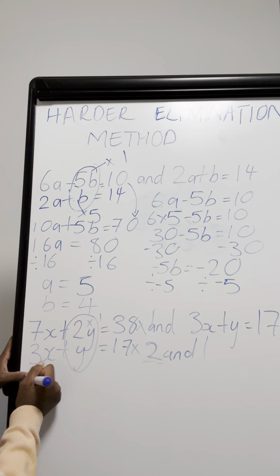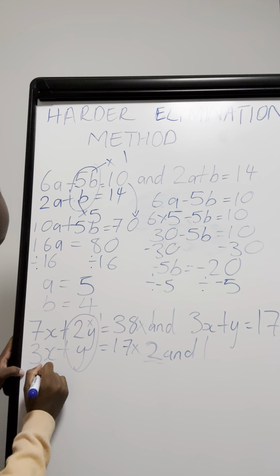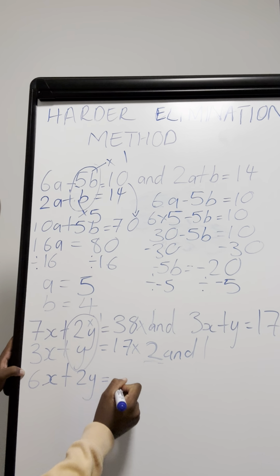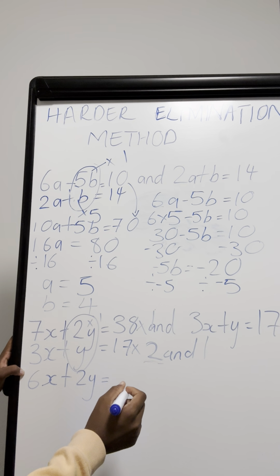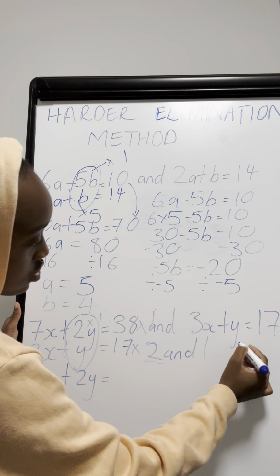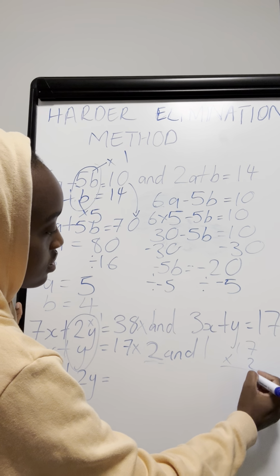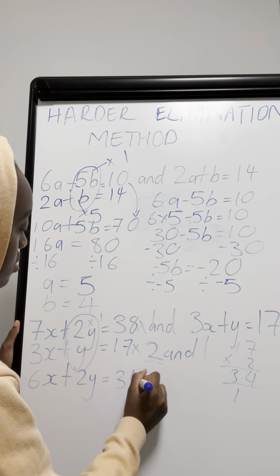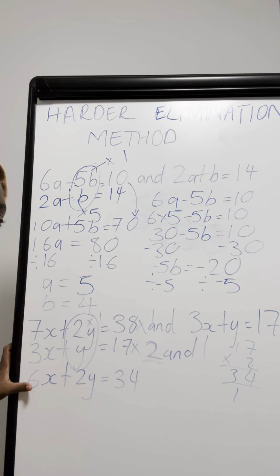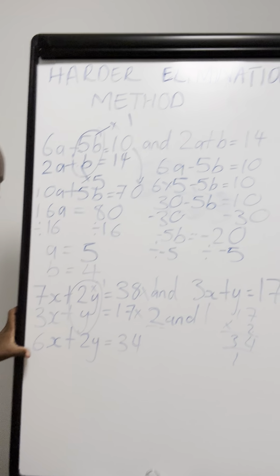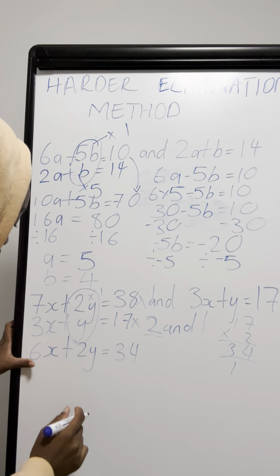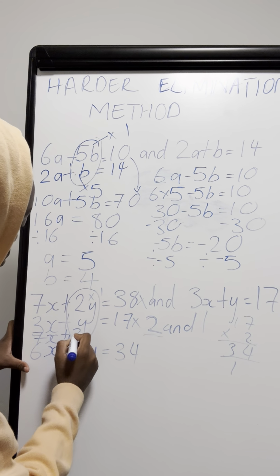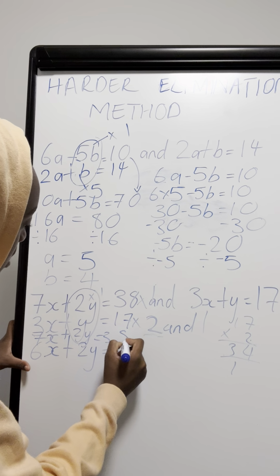So the second one would change, and then 3 times 2 we get 6x plus 2y, and then 17 times 2, you can always do it on your calculator, we get 34. And then let me just put them below, and then we redo our equation. So basically 7x plus 2y equals 38.